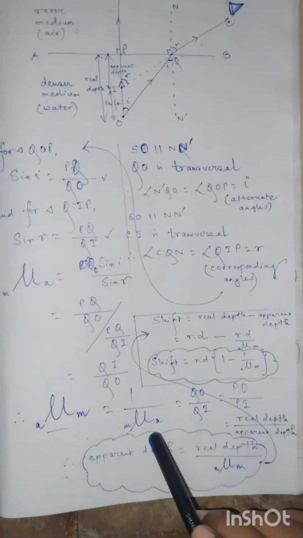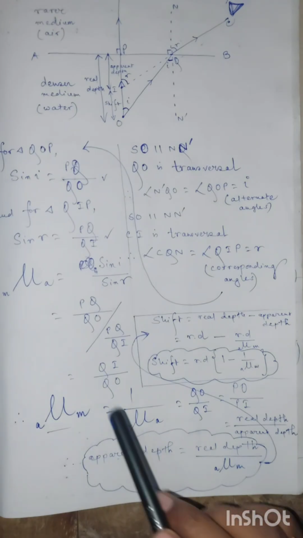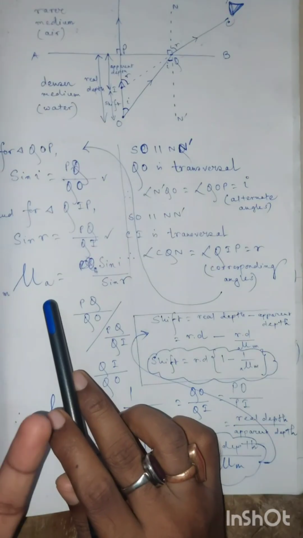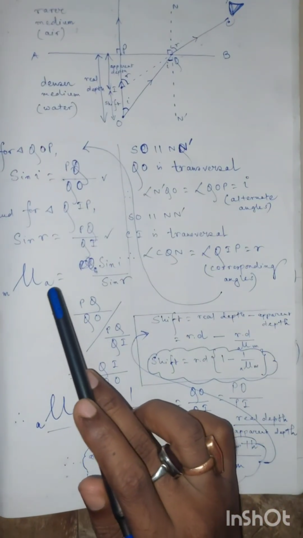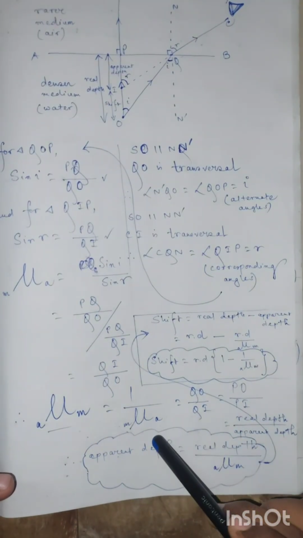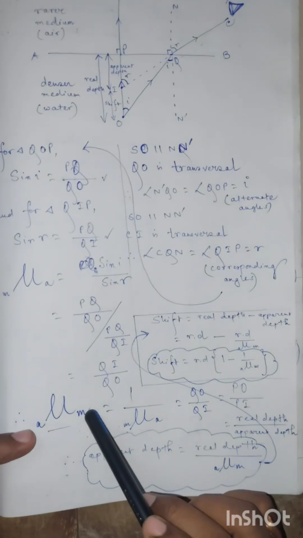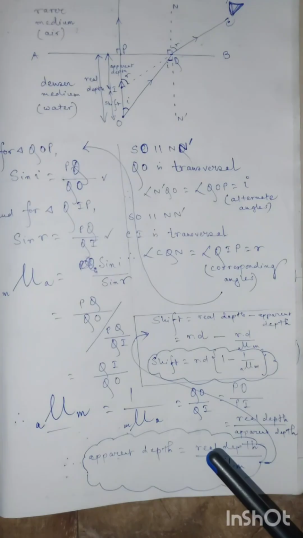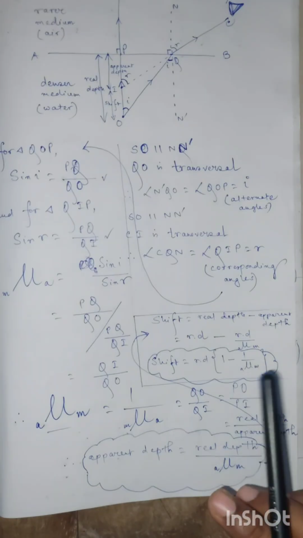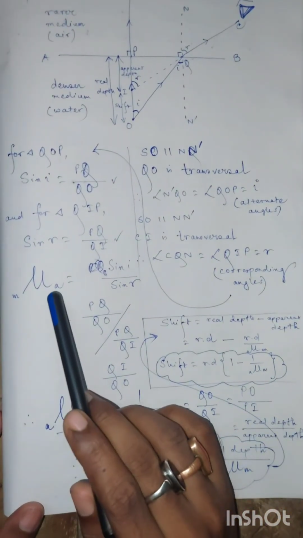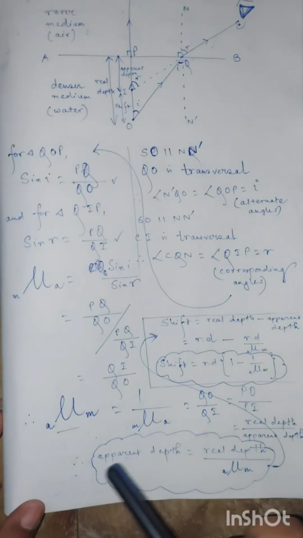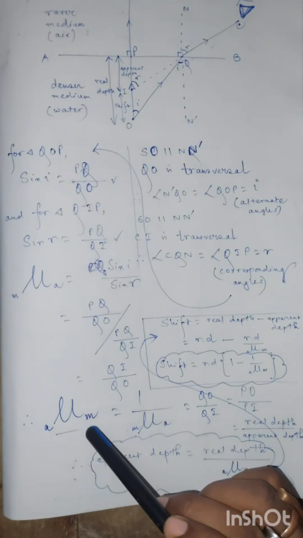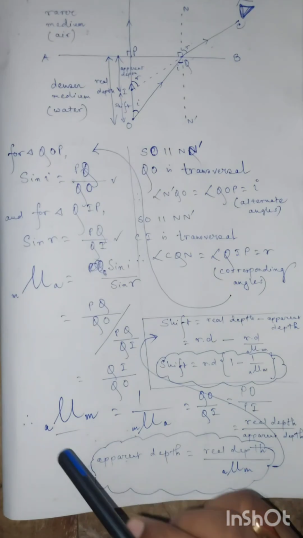So we can just shuffle their position. So mu ma will be equal to 1 by mu am. Refractive index of air with respect to medium, if I do the reciprocal of it, we are getting refractive index of medium with respect to air.